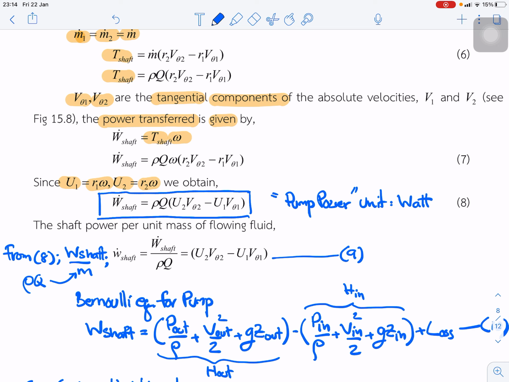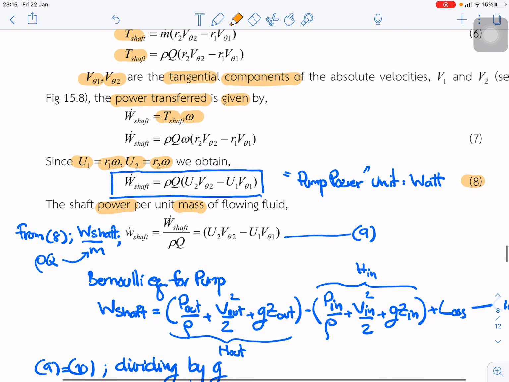And for the shaft power per unit mass, we can derive equation 8 by mass. So we get this equation, small m dot shaft, in equation 9.